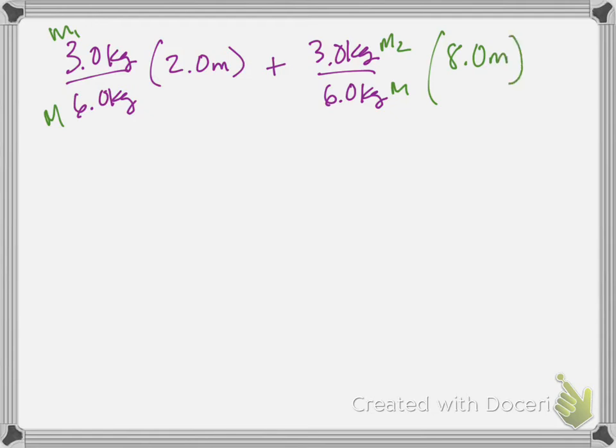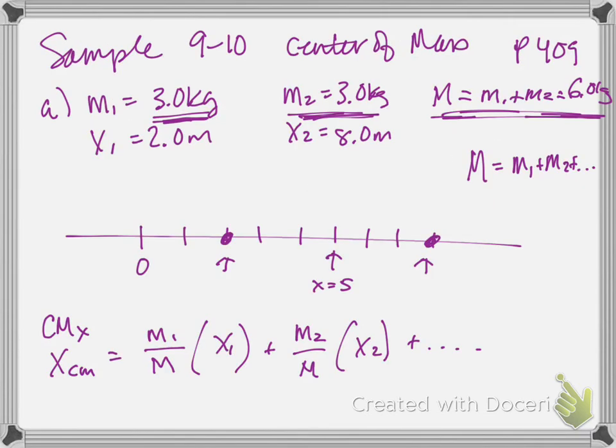Think of these fractions as how much of the center of mass depends on that one object. In this case, same mass, so they contribute the same. But you'll see in the next part that these fractions will be very different. As you see, the kilograms cancel out and our unit is meters, and we get x equals 5 meters. That's exactly what we figured out over here.